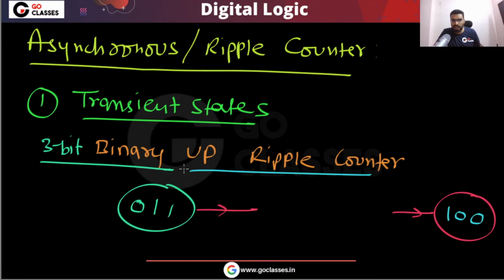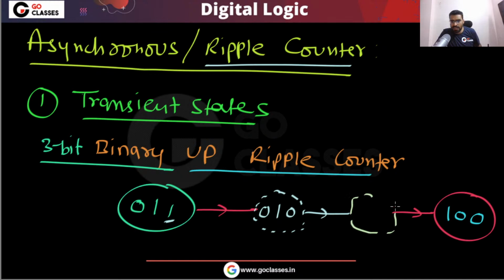But you can notice what will happen here. In this ripple counter, first the LSB will change. Okay, so this is a transient state. For a moment this state you will get.